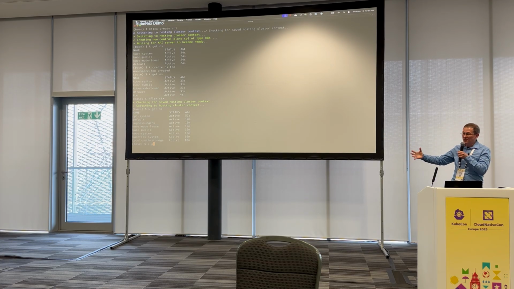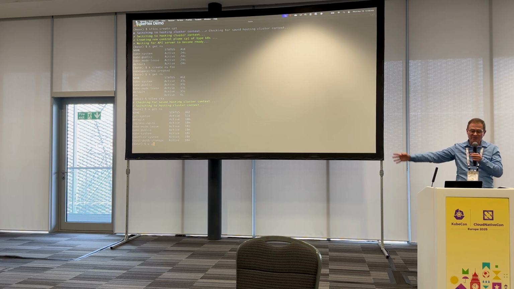A namespace, as you know, is a cluster scope resource, right? So if I do this on the hosting cluster, every client will see the same namespaces. But because I'm now hosting these control planes within that cluster, each one is isolated for cluster scope resources. So I can create a namespace. I created this namespace here as an example, foo. Then I show that it's there.